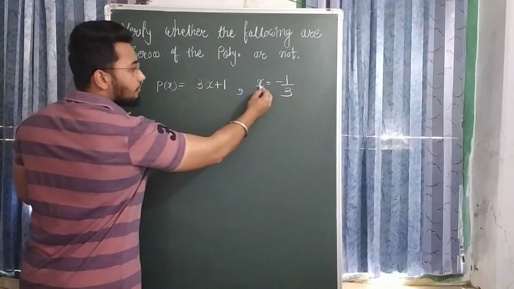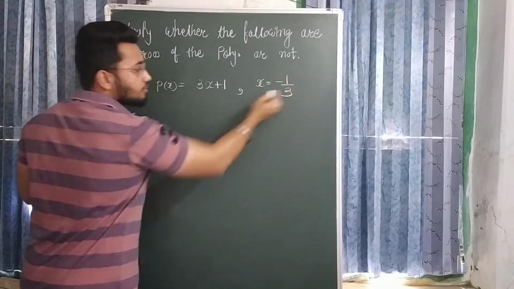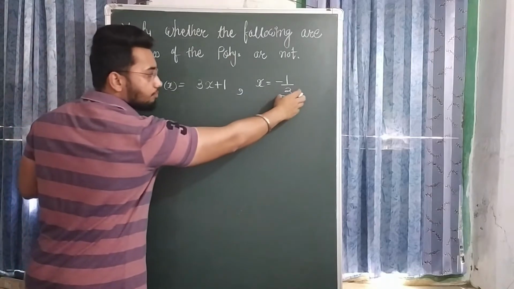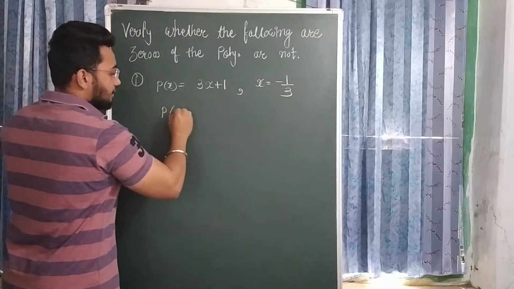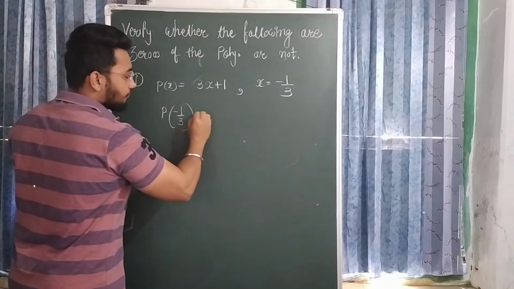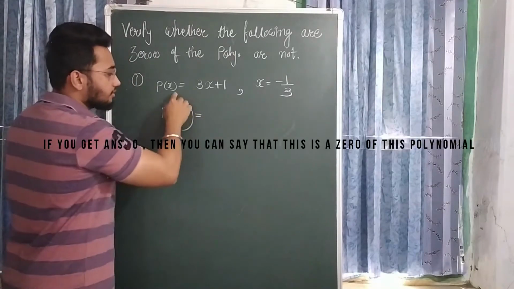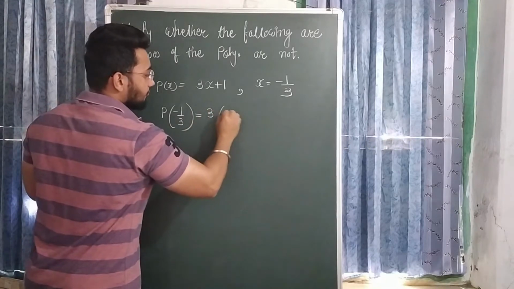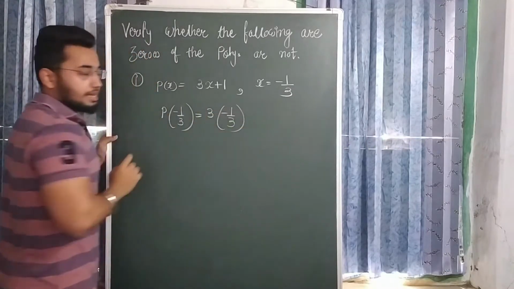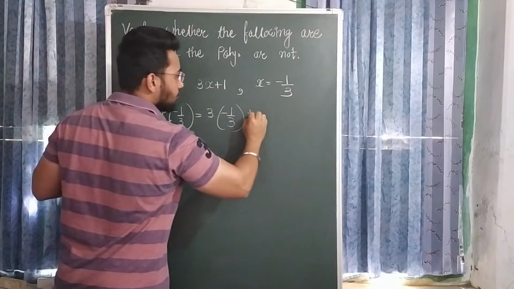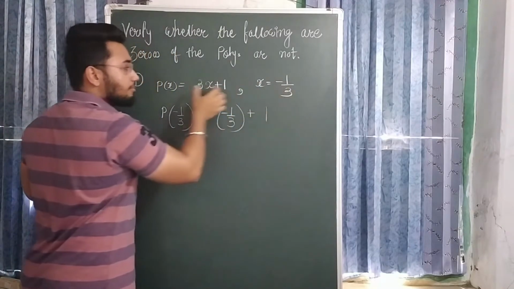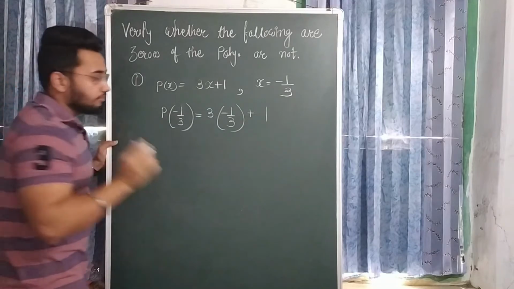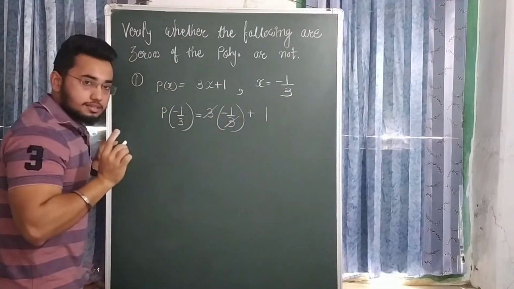Okay. The value of x is equal to minus 1 by 3. So simple, we have to put minus 1 by 3 in place of x. P(-1/3). I am just putting the value of x. Wherever minus 1 by 3 is seen in place of x, we have to put it. 3 will be cancelled.